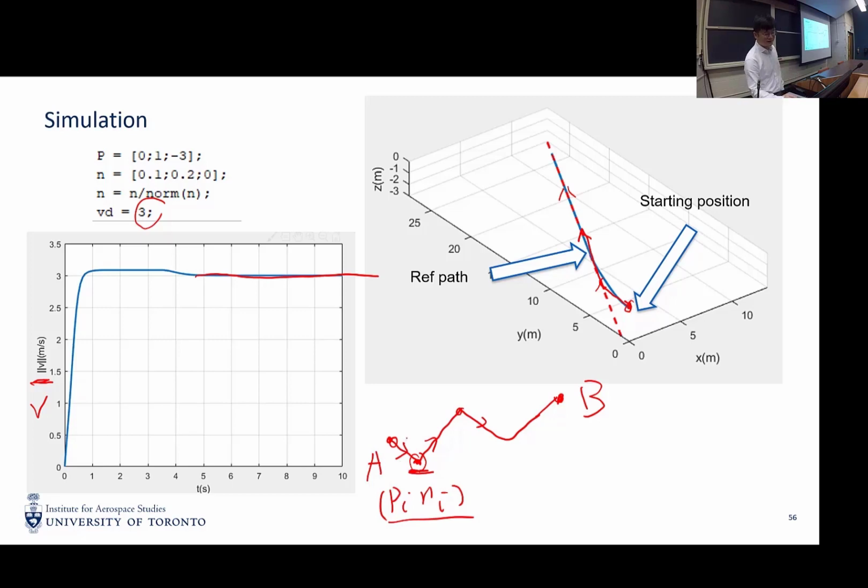So eventually your drone will just fly along this path consisting of straight lines. If you want curved line tracking, by using this design you can approximate your curved line using a series of straight lines, so as to approximate a curved line tracking control.